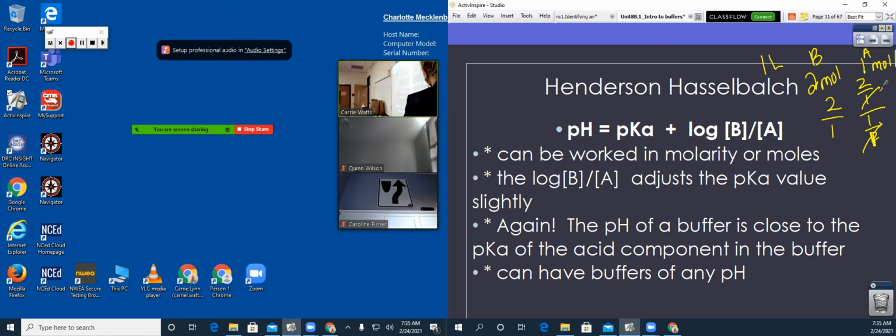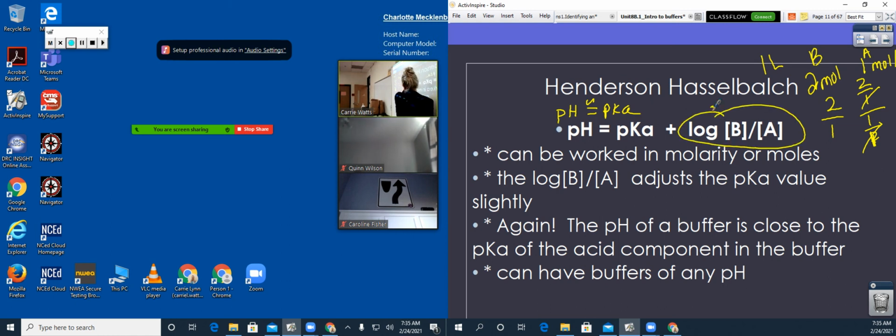Now, just to give you a hint, if they ask you to predict or estimate, the pH will be approximately the pKa. So you can kind of predict. You could look up a Ka, get the pKa, and you can predict what the pH should look like. This will adjust it just a little bit.